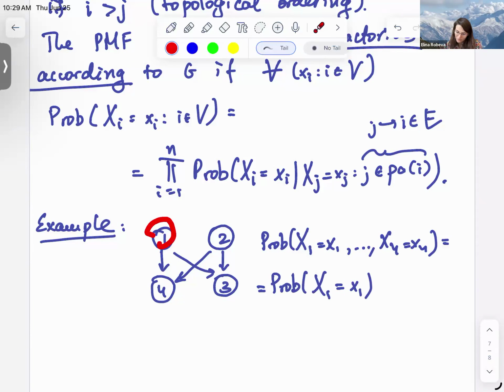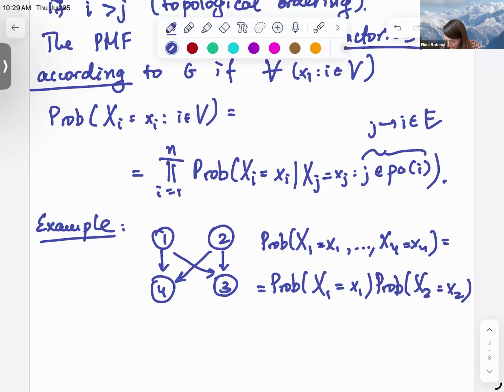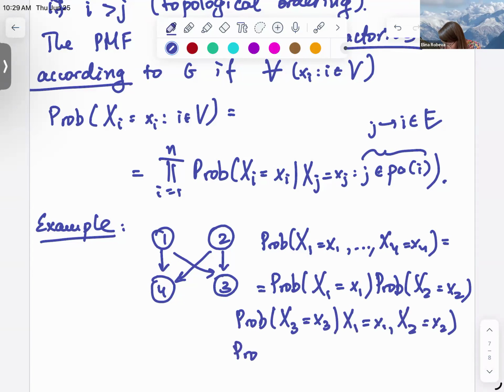There are no parents here, nothing is pointing to 1. Probability of X2 is x2, also with no parents. Probability of X3 is x3 given its 2 parents, x1 and x2. And finally x4, given its parents, which are also 1 and 2. So it factorizes like this.